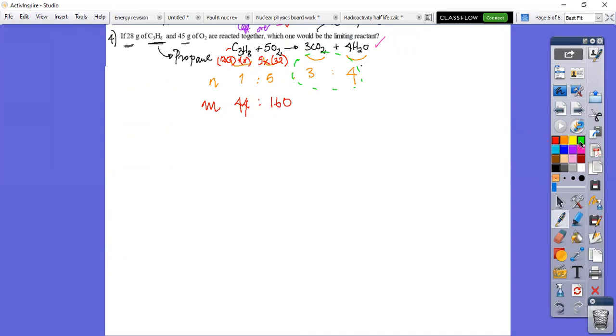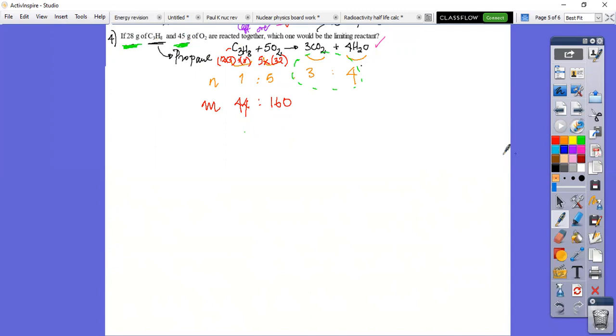I pick one. Now tell me which one you're going to pick. It doesn't matter, but I'm now going to pick an actual mass and say, how do these compare? Which one are you going to pick? Which one's oxygen? Okay, you've decided to pick the big number. That's fine. It really doesn't matter which one you pick.